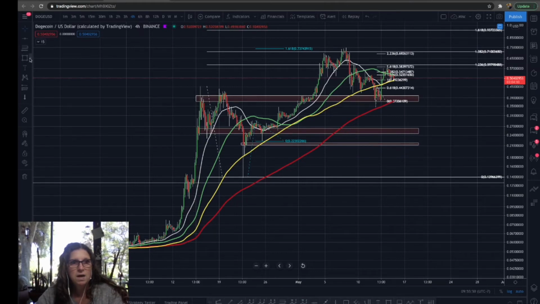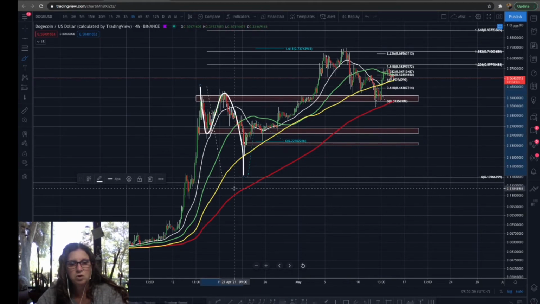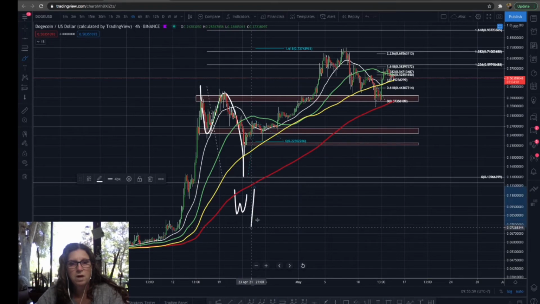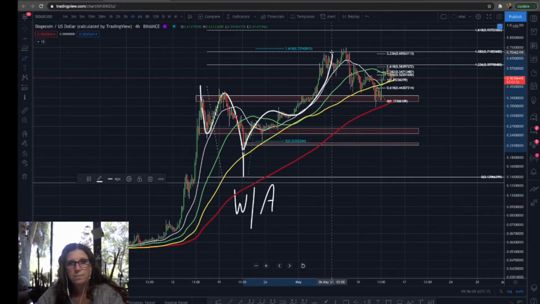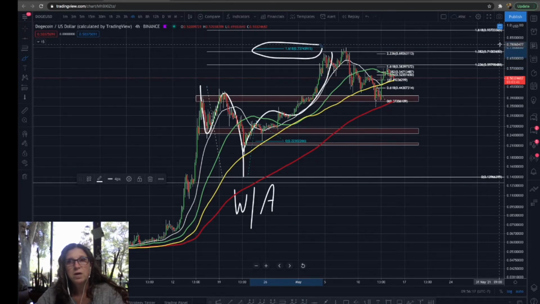I see this as we had our initial first 3-wave move, which could be a W or an A, okay? Then on some exchanges, this 3-wave move hit the 1.618. On some exchanges, it went past it. But I checked on most exchanges, it did not hit this 1.618.